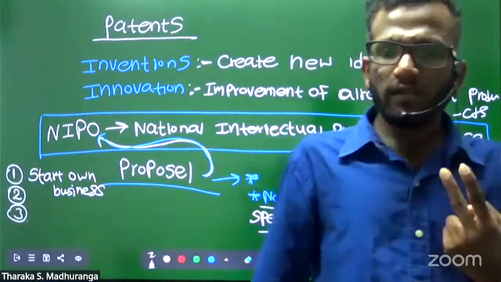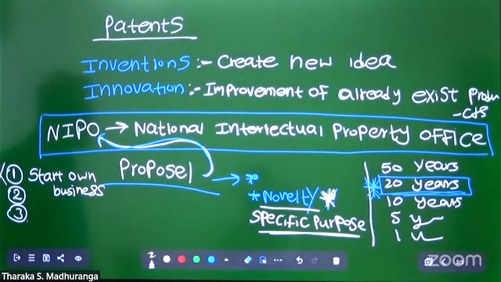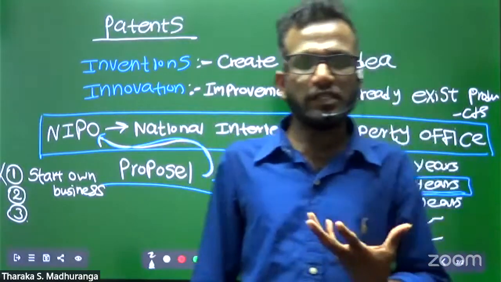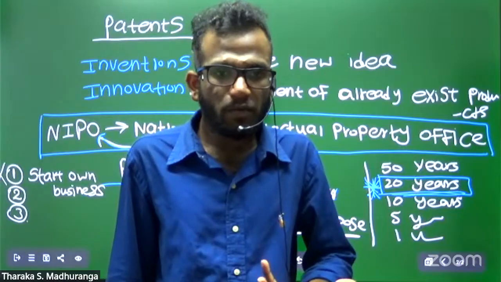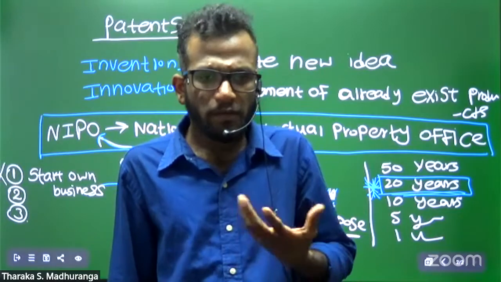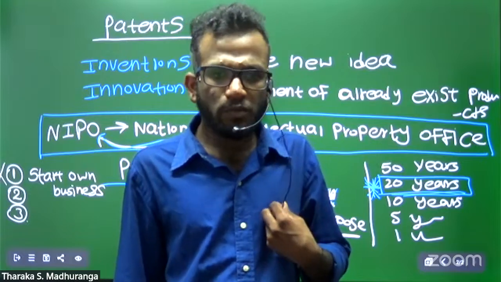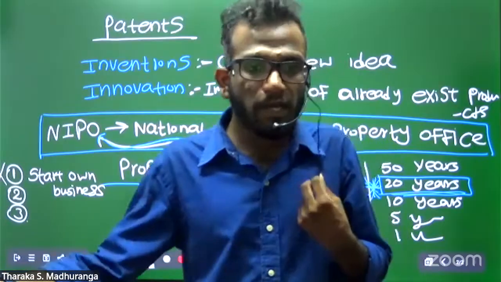Okay, actually, this is not a recommended way. The reason is, inventors can do more than this. If you have invention or innovation ability, you don't need to produce a product and sell.